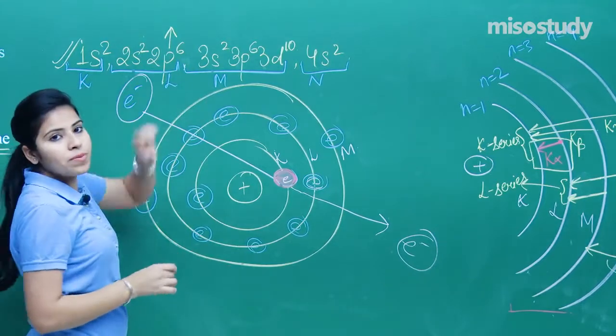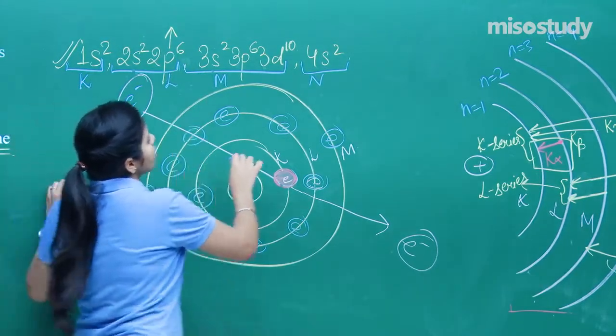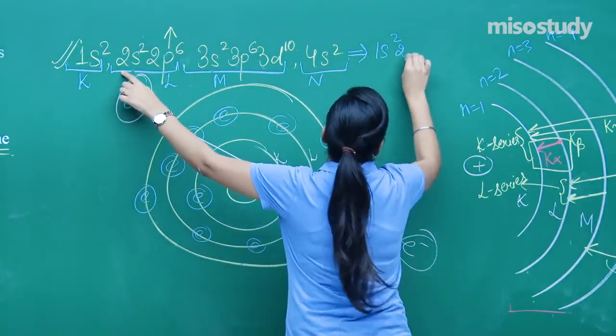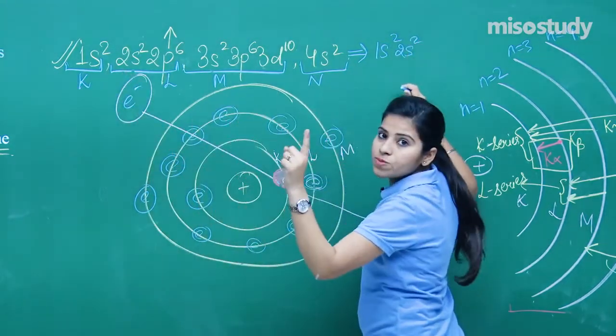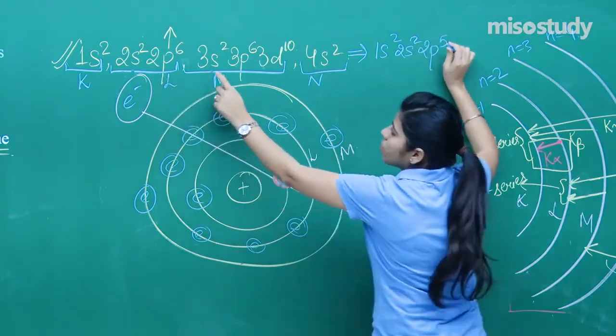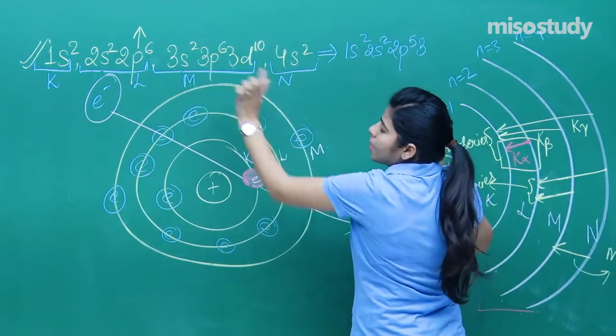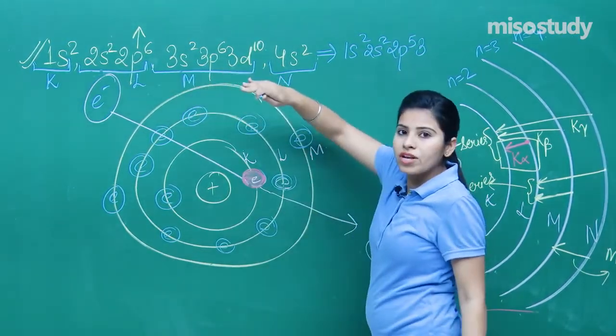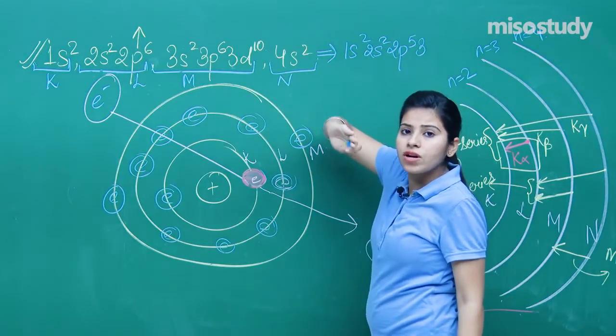And when the electron is removed from here, the configuration will become 1s2, 2s2, and since only one electron is being removed, it will be 2p5. Similarly, all the rest of the configuration will remain the same.